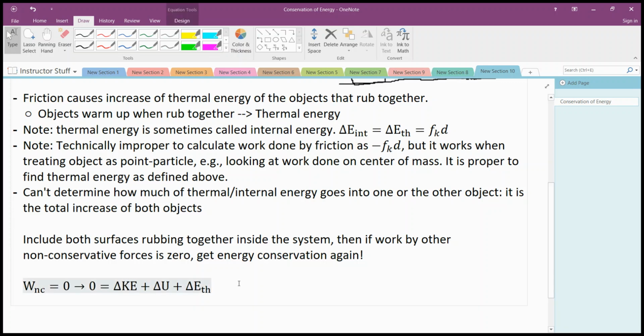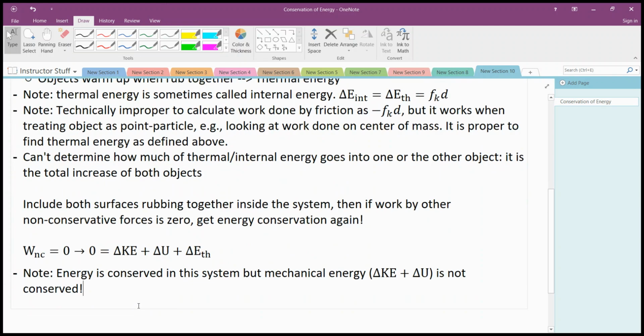So now, when you do energy conservation problems and you have friction, so long as there is no work done by other non-conservative forces, and the only work done is done by friction or other dissipative forces, then you will have change in kinetic energy plus change in potential energy plus change in thermal energy, which for friction is defined as F_k d, will be equal to zero.